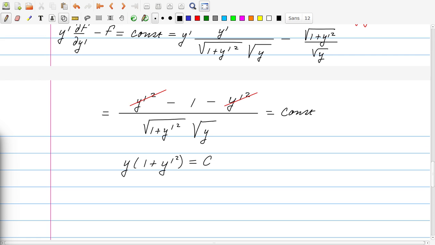By simply inverting the resulting equation and then taking the square of the left and right hand side, we can easily put it in the following form. So y times 1 plus y primed squared is a constant. And then it's still not obvious how you should solve this equation, so we need to substitute something.